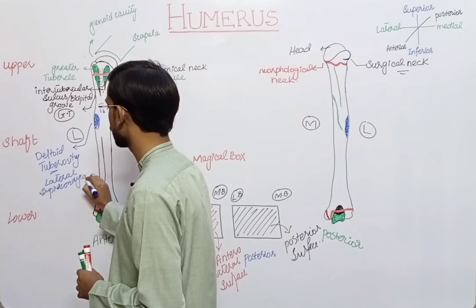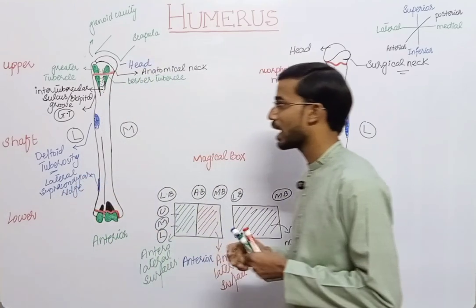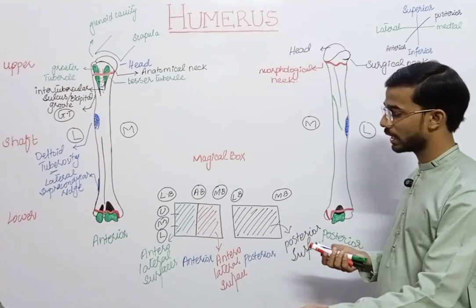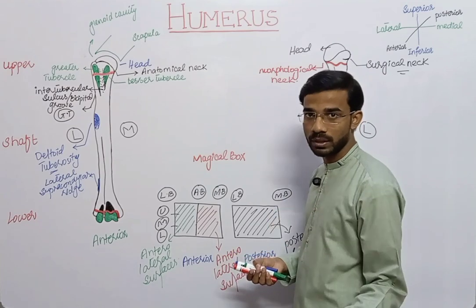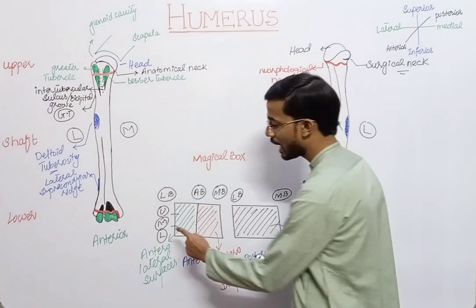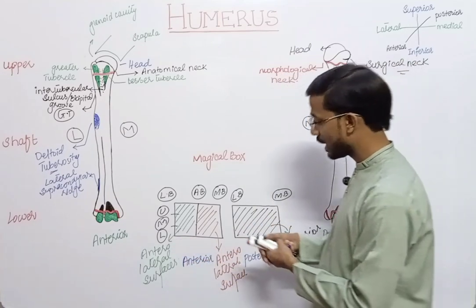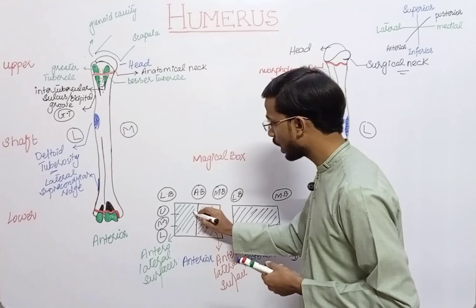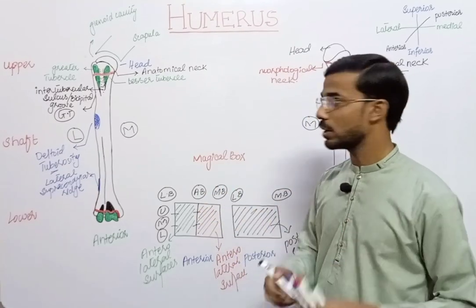So this is present at the lateral side. So the upper portion contains a portion of the greater tubercle, middle is the deltoid tuberosity, and lower is the lateral supracondylar ridge.